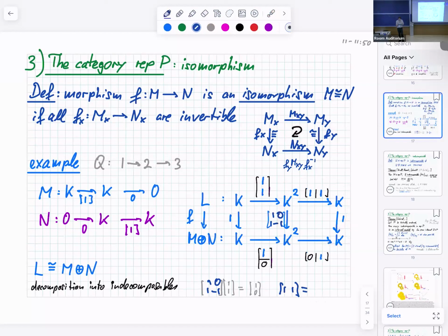So this composition would be 0, 1, 1, negative 1, multiplied with 0, 1. And what do I get if you perform this operation? You do get 1, 1 on the left-hand side and 1, negative 1 on the right-hand side.